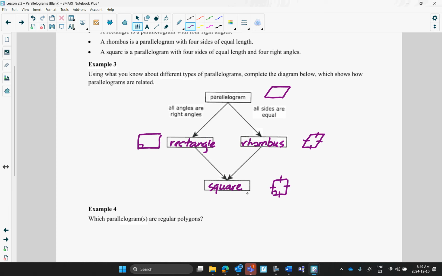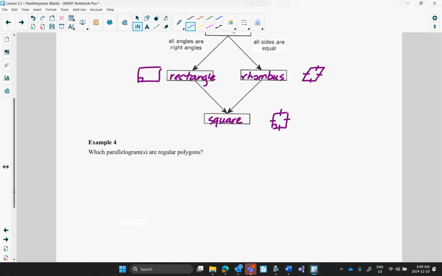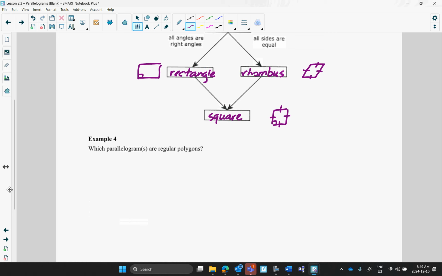That's a visual representation of the certain types of quadrilaterals we looked at. Finally, which of these ones above are regular? Remember, regular means they all have to have the same sides and they all have to have the same interior angles. The only one is a square.